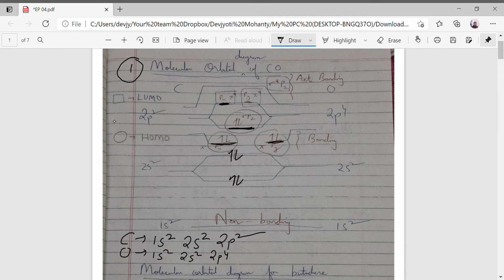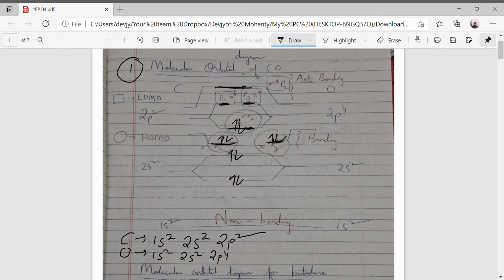This is pi star anti-bonding. This one is the sigma star anti-bonding. So first we have to place 1, then 2. How many are remaining? 4, 3, 4. Another 2 are remaining here.